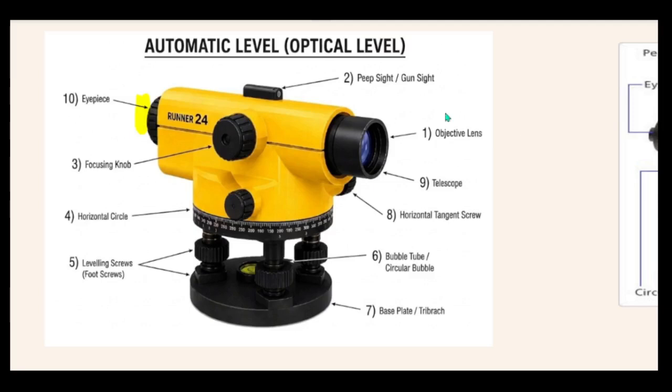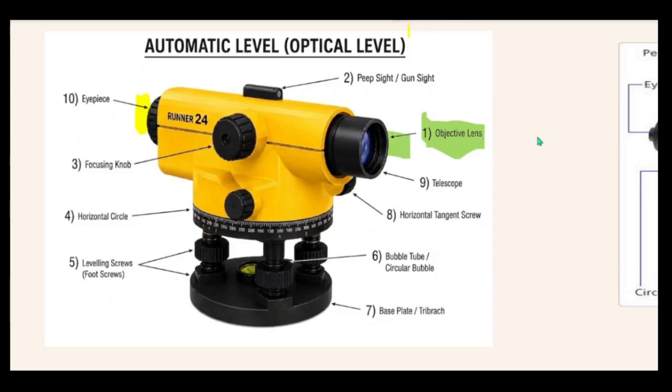Now let's look at them bit by bit, though I don't think I'm going to treat all of them. The first one we're going to look at is the object lens. The object lens is the lens designed for your eye to view the object.